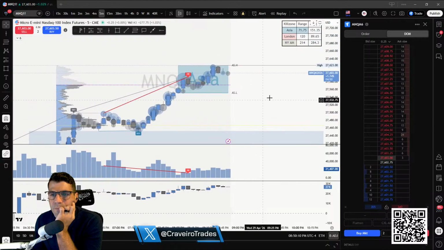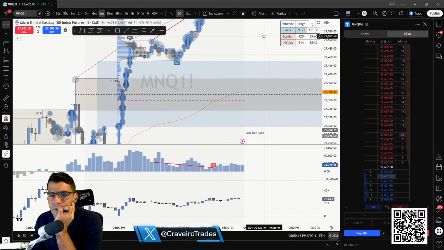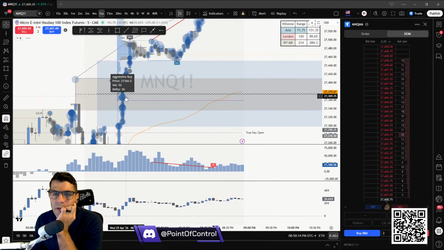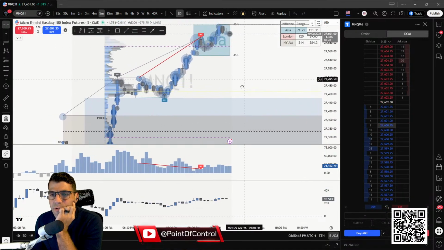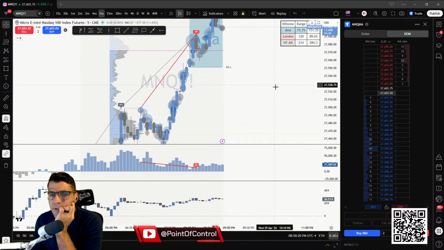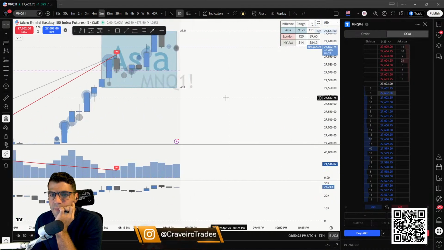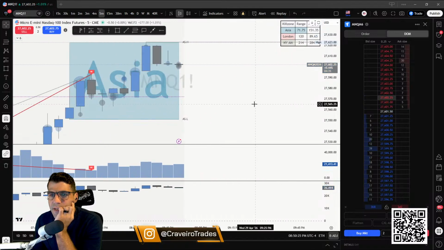Great target. Right? So targeting this gap and so on and so forth. I like targeting the point of control because the trade plays out far more.